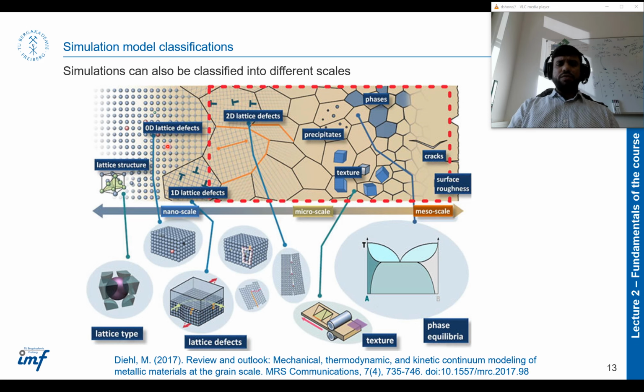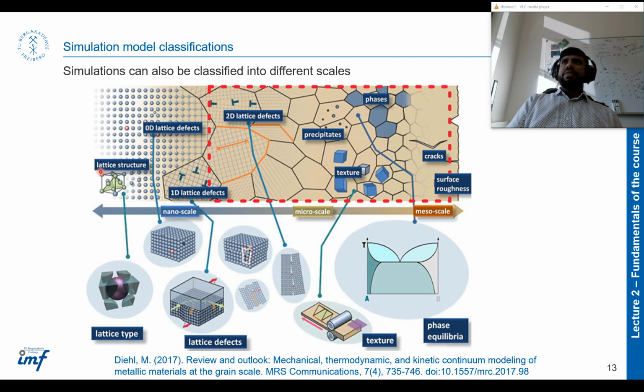And if we go further down, then we see that there are different lattice types, and based on the lattice structures, there are different glide planes and slip planes on which the material can flow easily, and therefore the material deformation takes place. The dislocations initiate and evolve, and then the material deformation can take place.